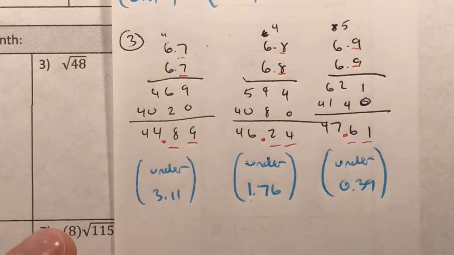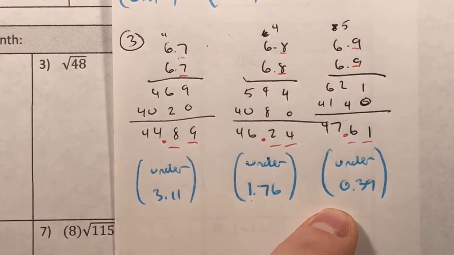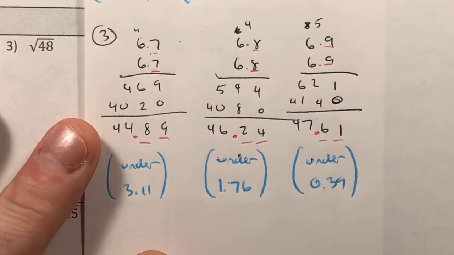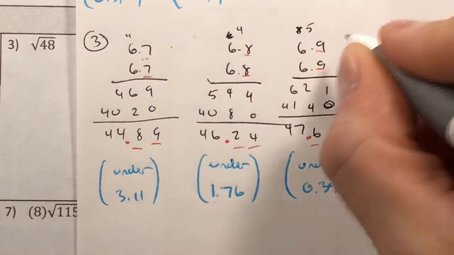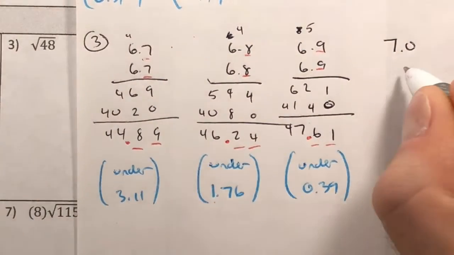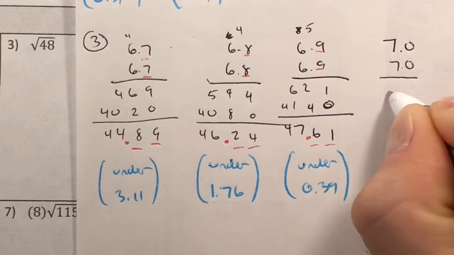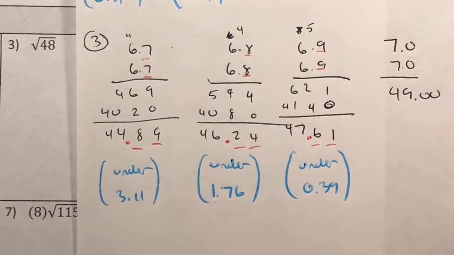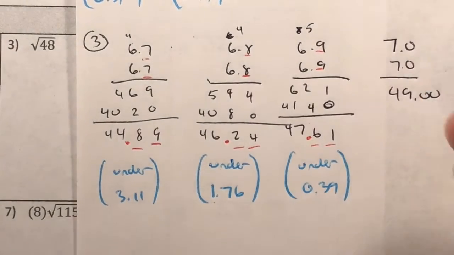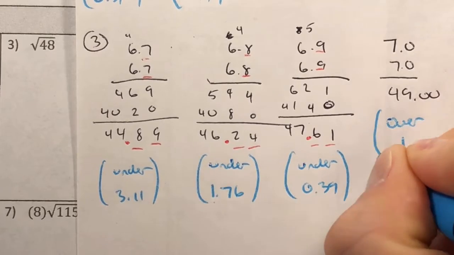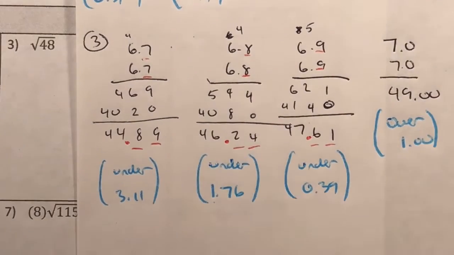Okay, so in this case, because I'm still under, the only thing left that I can do is move up to the next whole number, which would be go up by another 10th. That'd be 7.0. And if I take 7.0 times 7.0, we know this is going to be 49. So if I have 49.0, this is going to be over by 1.00.